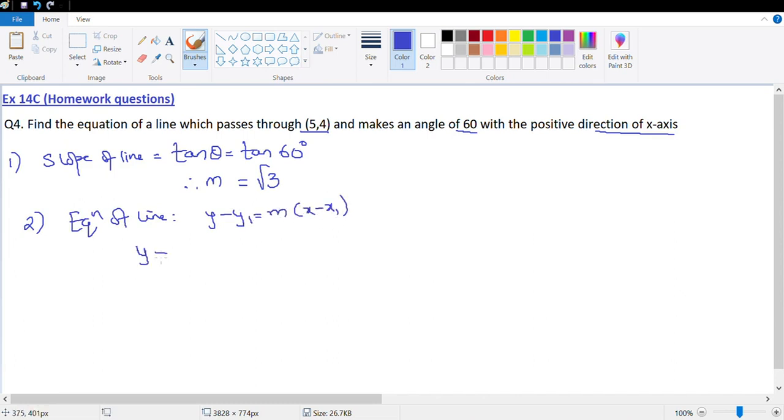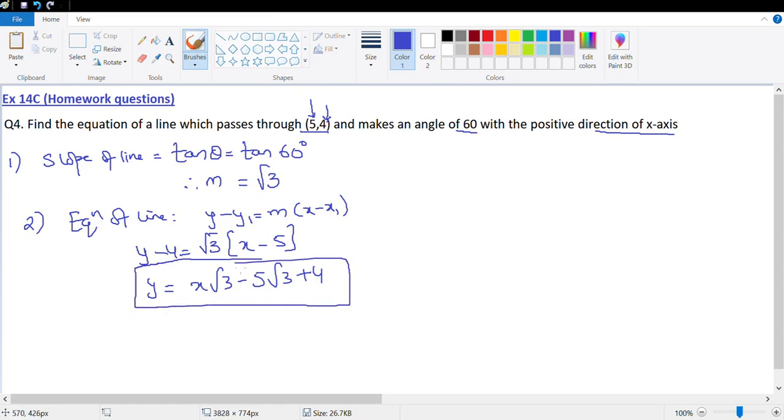In this case, y1 is 4, slope we just calculated as root 3, and x1 is 5. Let's open the bracket. This is y is equal to x root 3 minus 5 root 3 plus 4. I've taken -4 to the other side. So it's y is equal to x root 3 minus 5 root 3 plus 4.